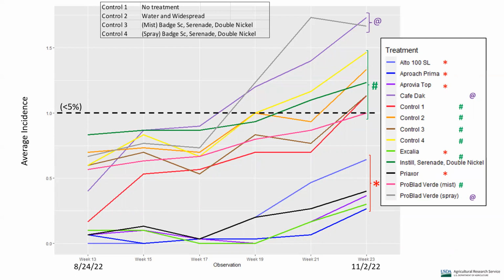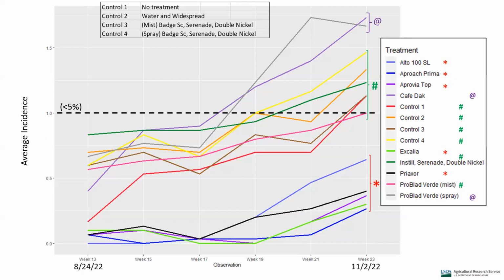And the 5% line, which is indicated by that dashed black line, shows you how far into the season we were able to get very good control when the incidence level at the start of the season was very low and there was good management practices and at least a couple sprays.